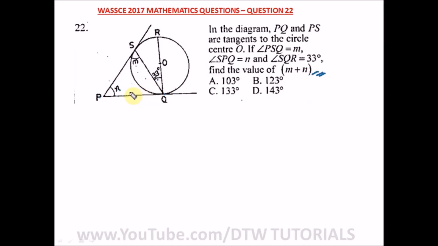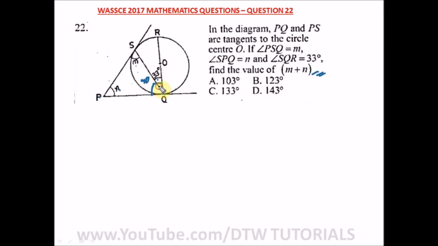To get this, remember that a tangent to a circle is perpendicular to the radius at the point of contact. So this is the point of contact, perpendicular to the radius. That means this is a right angle triangle, so this whole angle here is 90.